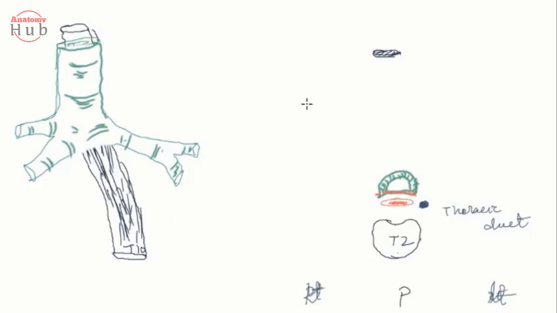So the trachea is cartilaginous, but it is C-shaped cartilage, deficient posteriorly, and that deficiency is connected to the two ends of the cartilage by a muscle, that muscle is your trachealis muscle.